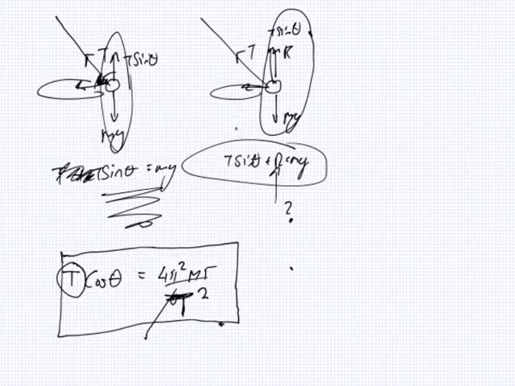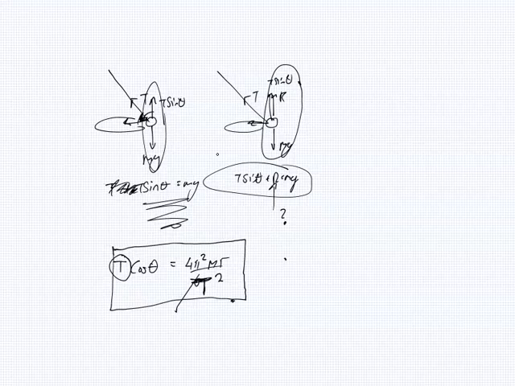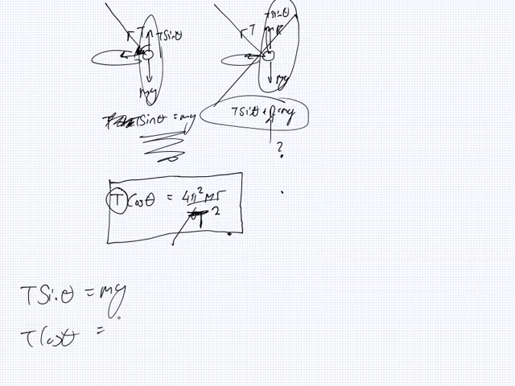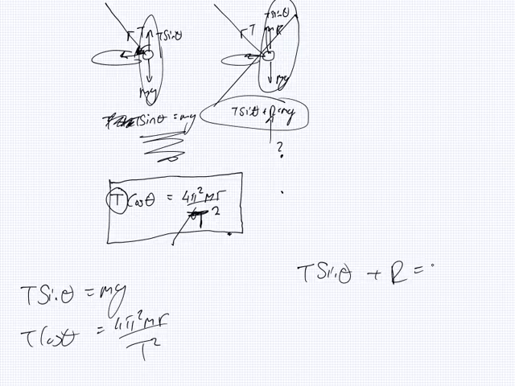And I got different answers. Okay, let's write down the two equations. So in the first question, I can say T sine theta equals mg, and T cos theta equals 4 pi squared m R over T squared. And in this picture, if, like the second one, you have to consider the R, but the T will still be the same.